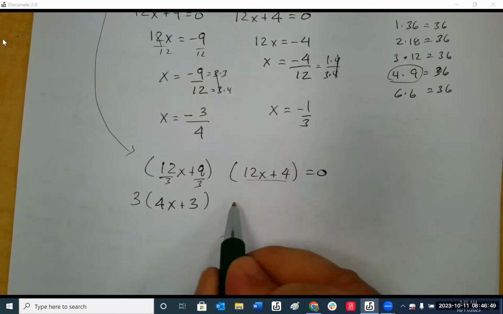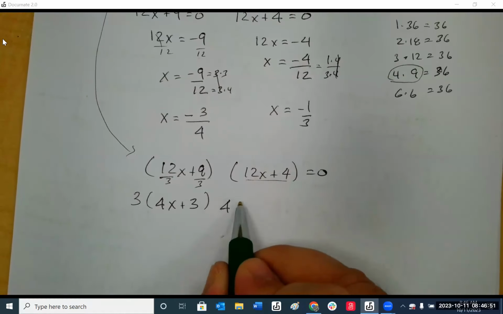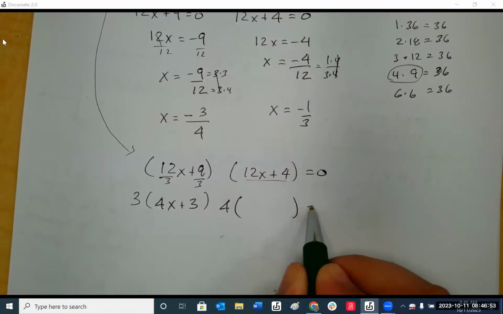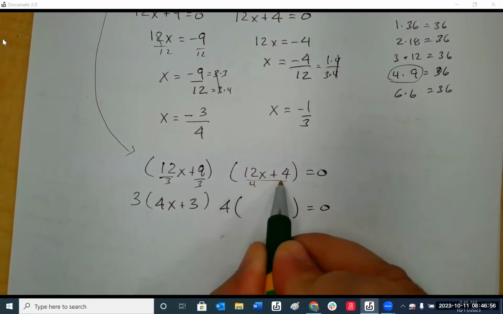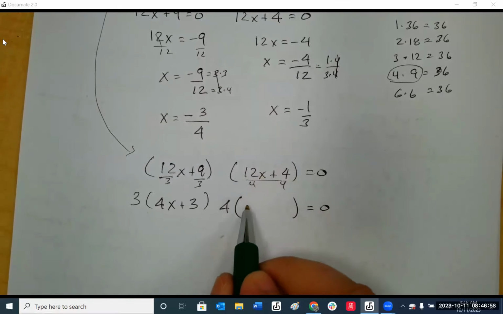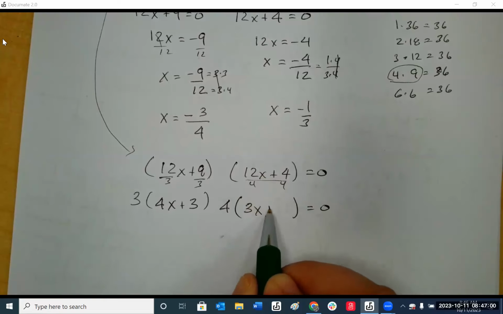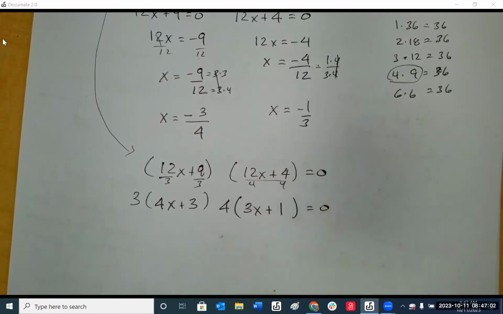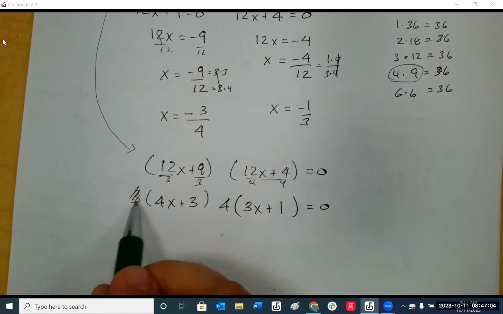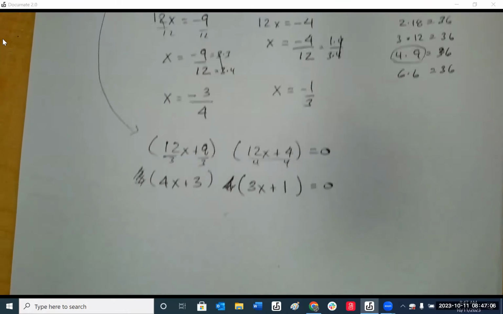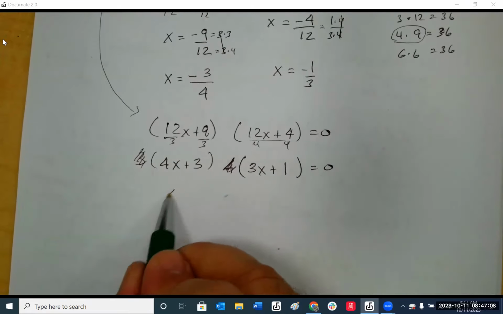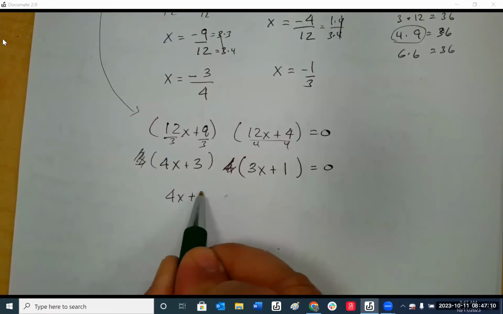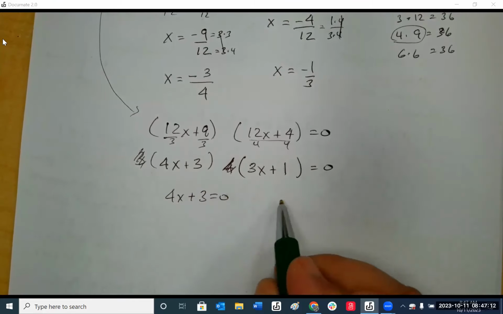What do 12 and 4 have in common? They both have a 4 in common. So divide both of those. 12 divided by 4 is 3. 4 divided by 4 is 1. Get rid of those. Now it's a lot easier. We don't have to worry about canceling stuff out.